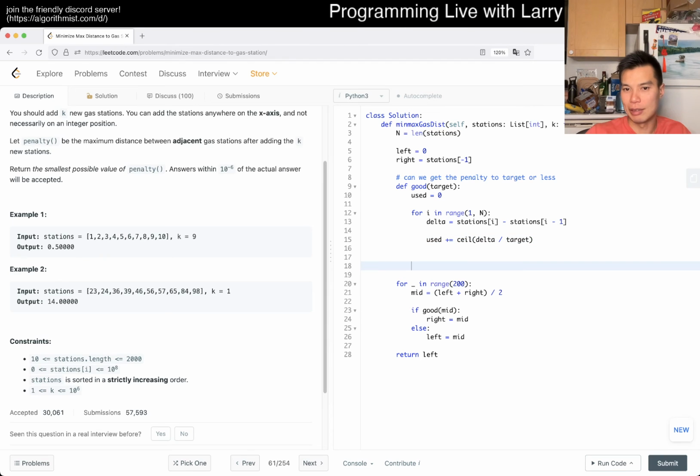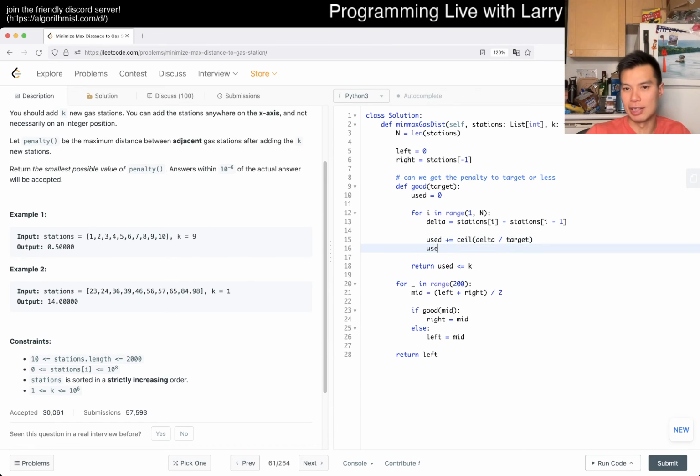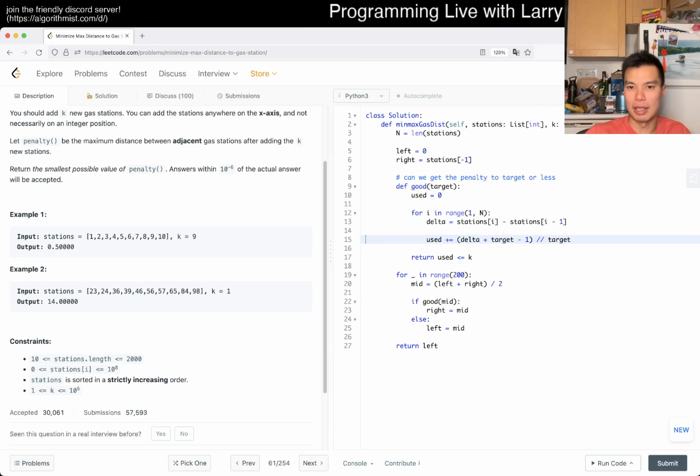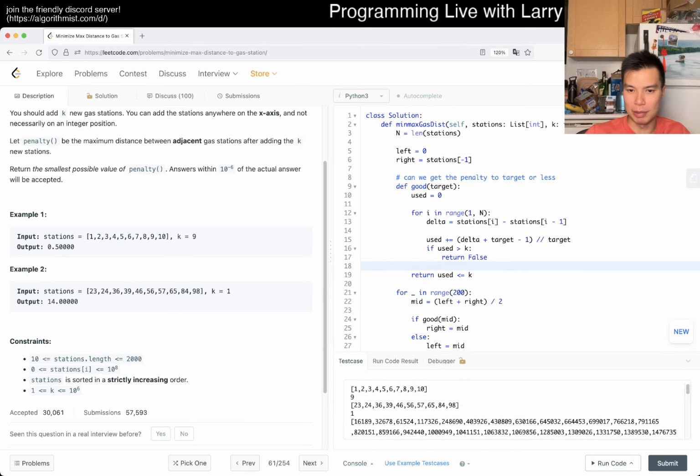And then we can return used is less than or equal to k. Except I'm going to rewrite this to use only integers, right? So the way to do that is just change this to plus target minus 1 over target. That's how you do ceil. And you could even early terminate if you want, which is that if used is greater than k, return false, just to make it run a little bit faster.